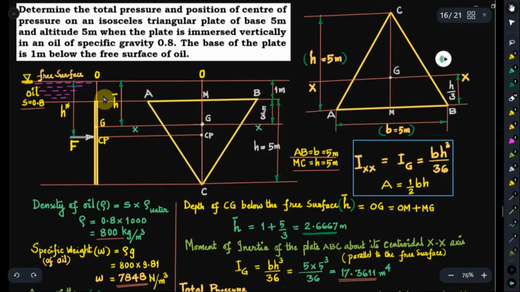So therefore total 1 plus 5 by 3. So that will be the distance h bar. So h bar is the depth of the center of gravity of the lamina below the free surface.